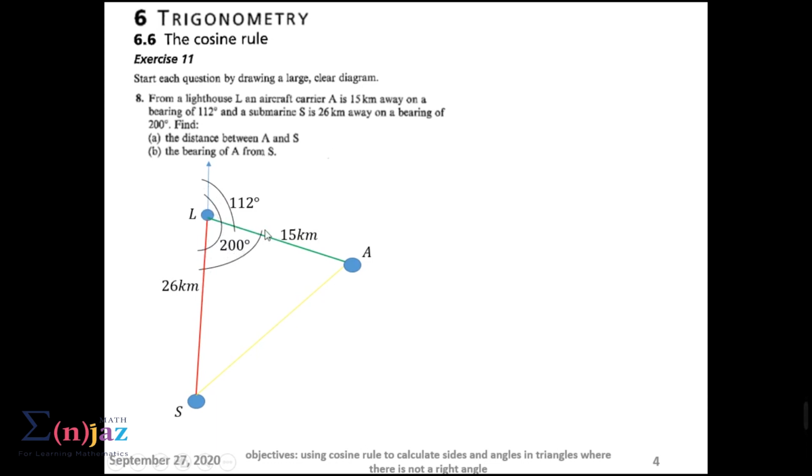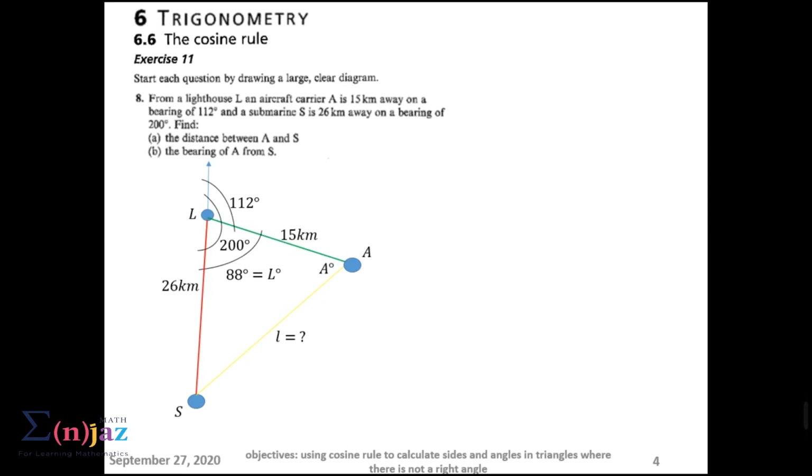The 200 degrees is composed of the 112 and this unknown angle. If we subtract the 112 from 200 degrees, we find this angle, which is 88 degrees. We name this L capital, and the opposite side, the unknown, is L small.